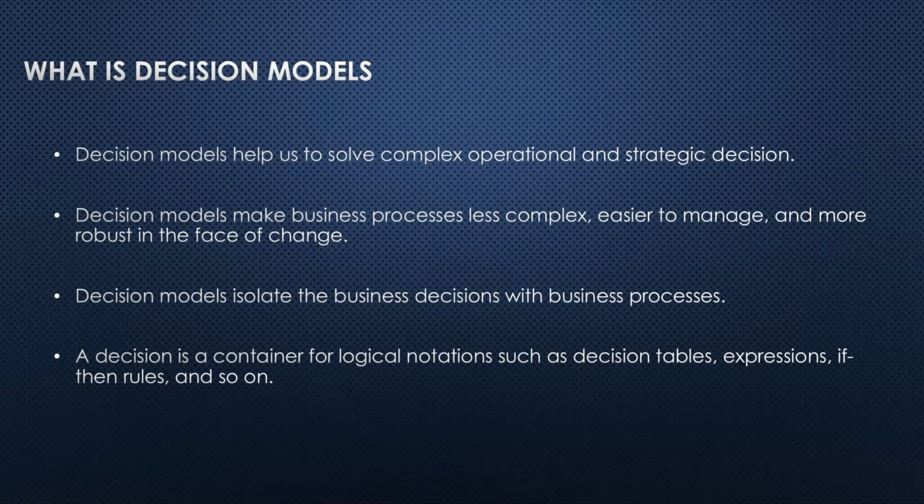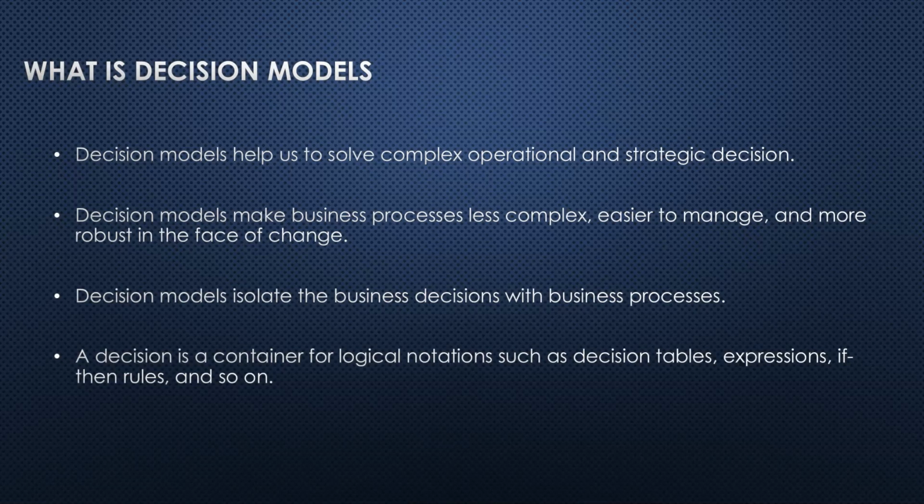So decision models help us to isolate the complex business decisions which we usually take within our business processes. Whenever we create business processes, at a lot of points we need to take a lot of decisions. If we embed the decision in the business process directly, that will make our business process so complex.